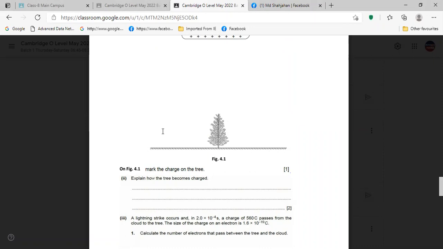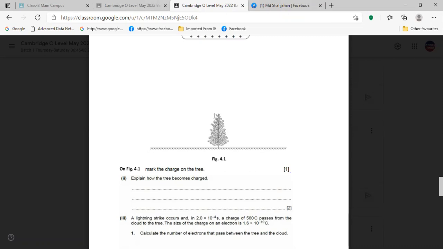So you got it right in the previous question, the similar question, but here it will be opposite. So you will write the answer? In our previous question, it was negative.